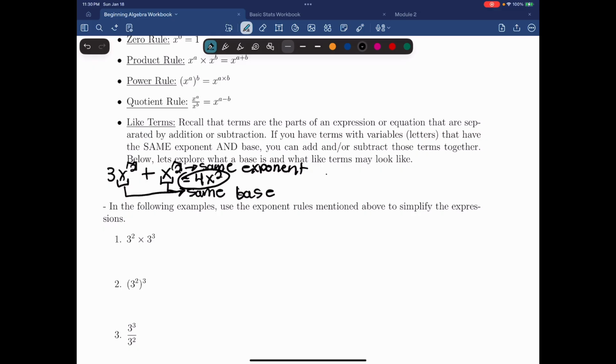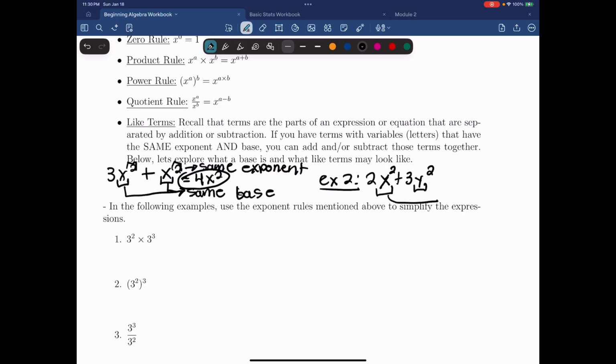Now looking at our second example, example 2, we have 2x squared plus 3y squared. Could we add these two together? We can't. And that is because we have different bases. We have an x base and a y base.